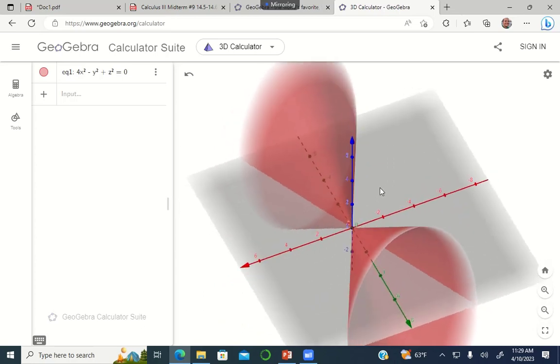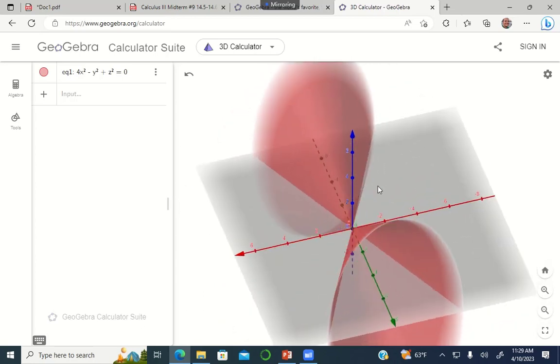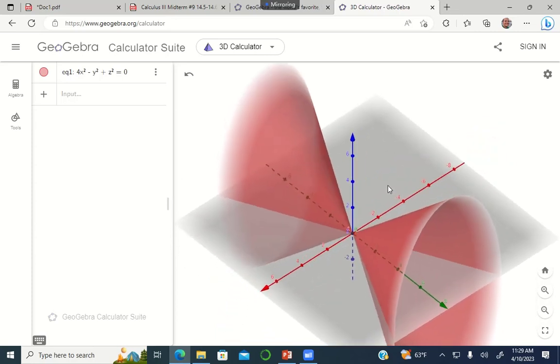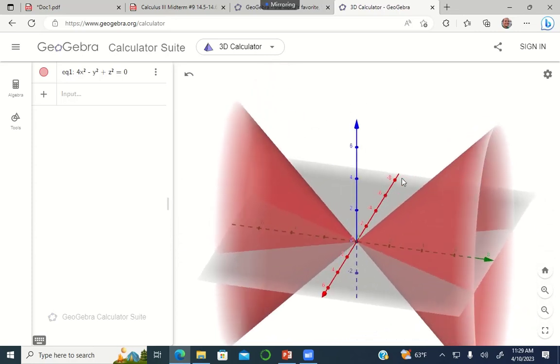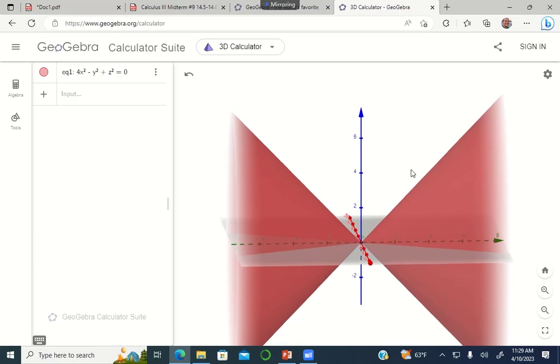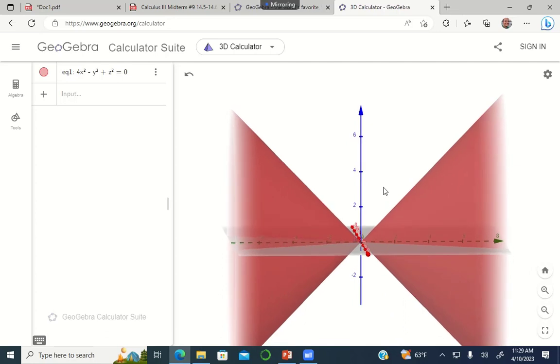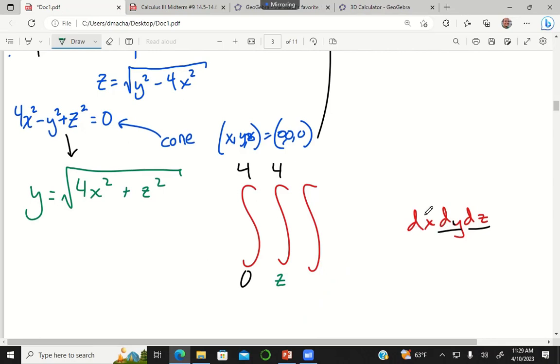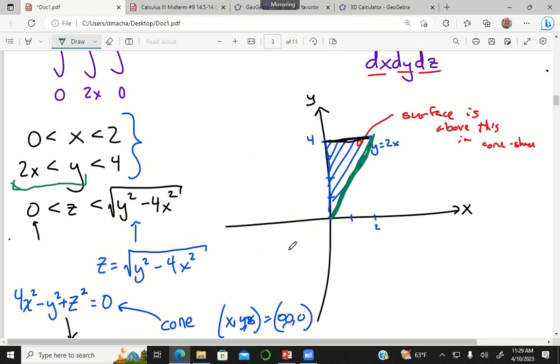But yeah, it definitely looks to me like the lower bound on y is given by just y equals z. Okay, and then the last thing we would do is say, okay, how is x bounded by any function of y and z?